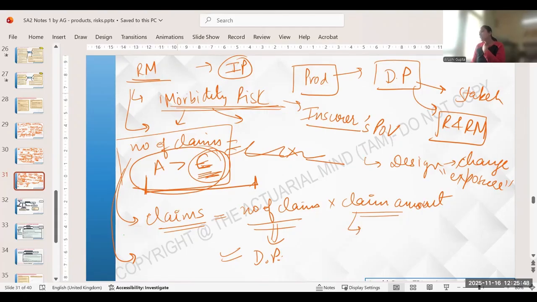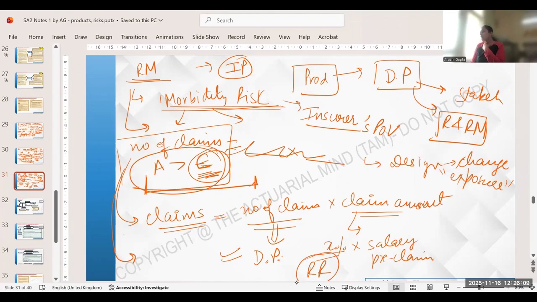The other way is, when you ask how much will that claim be, how much is the claim in an IP policy? What's the claim amount? Some percentage of the salary that they receive at the time of the claim. So salary pre-claim, and we apply a replacement ratio to that, right?